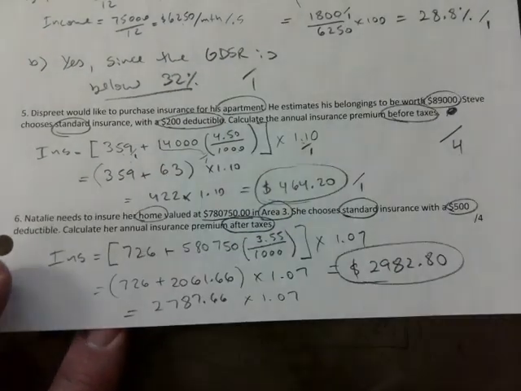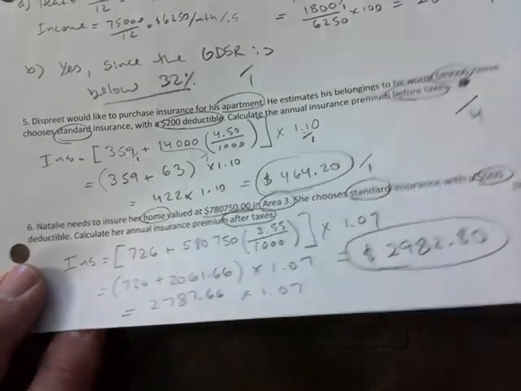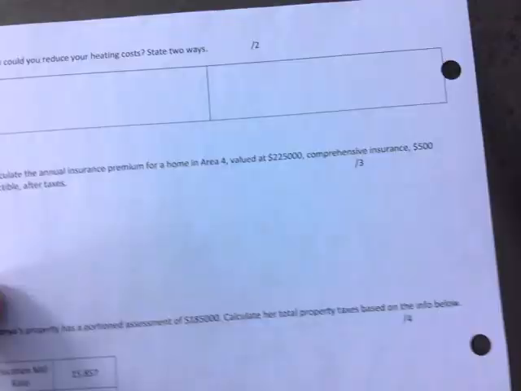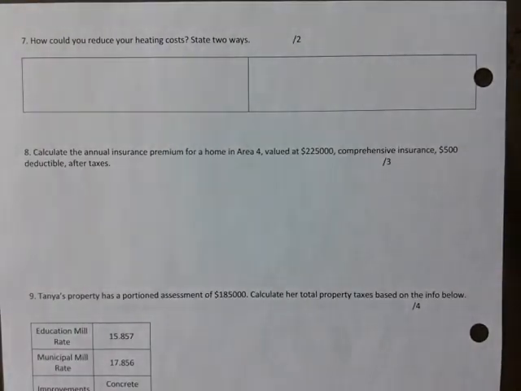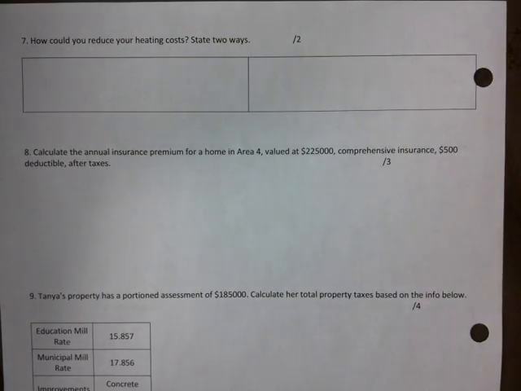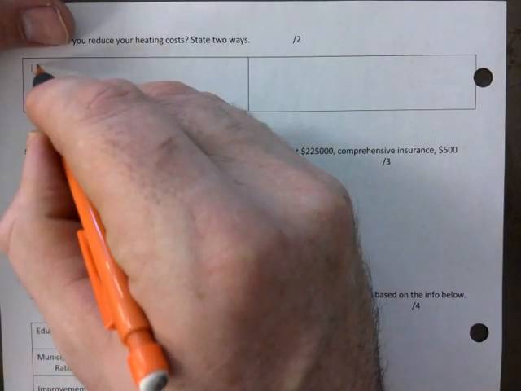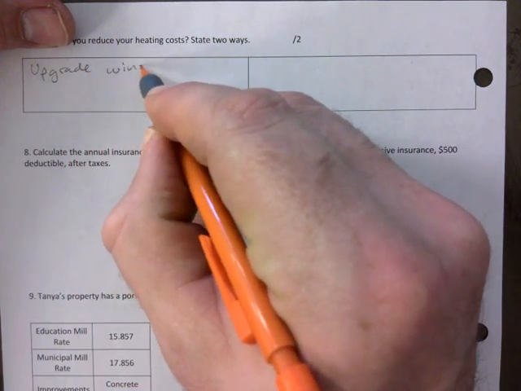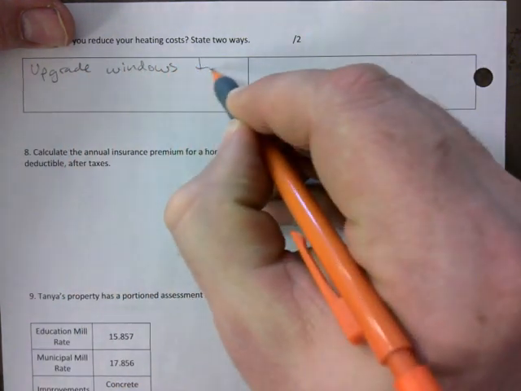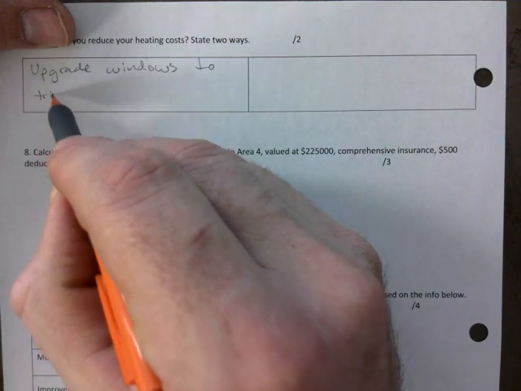Good. So this page, you're going to keep this one anyways. This is your quiz review. I would still write in the correct answer, all the more I would do that if I were you. Okay. How could you reduce your heating costs? I'm going to tell you, you can upgrade windows to triple pane.